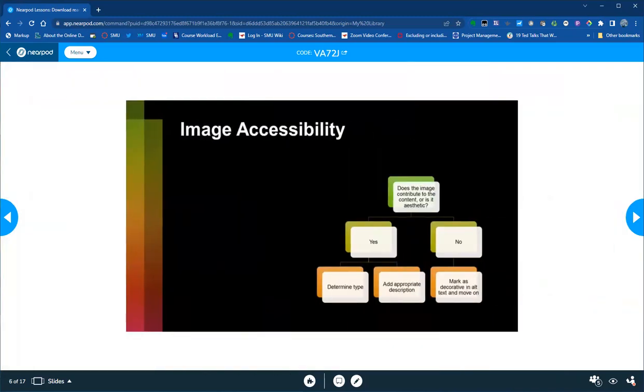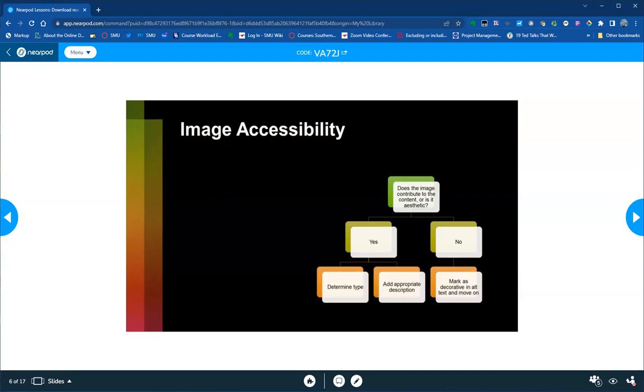Typically, when we are working with faculty and we come across a PowerPoint slide or an LMS slide or a website where an image has been included, the first question that we ask is, does that image contribute to the content, or is it just there for aesthetic reasons?